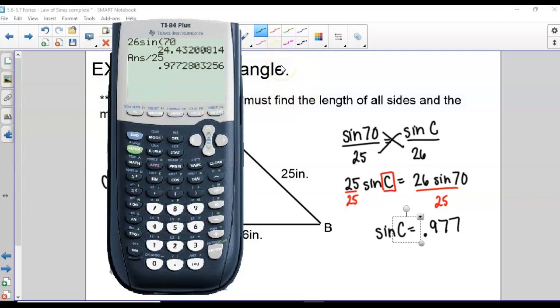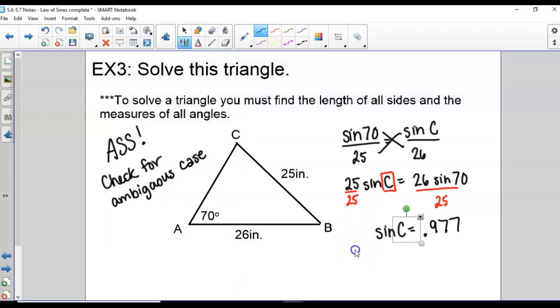And then, how do we get rid of sine? Inverse of sine. So we're taking sine inverse of both sides. It'll cancel out over here, and sine inverse here.